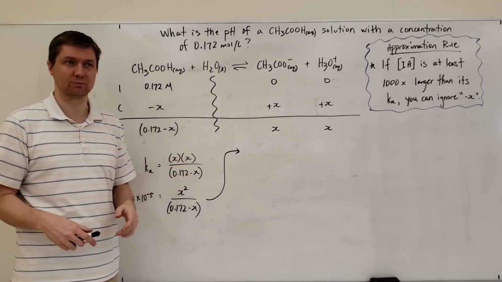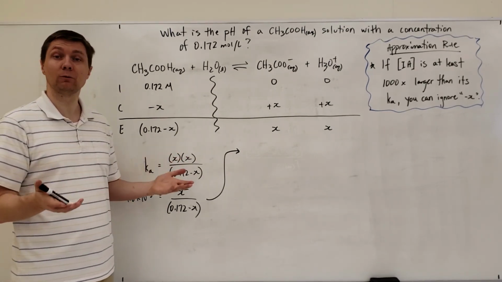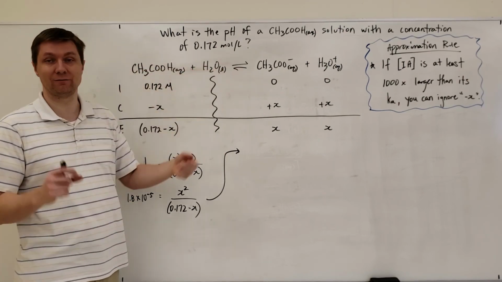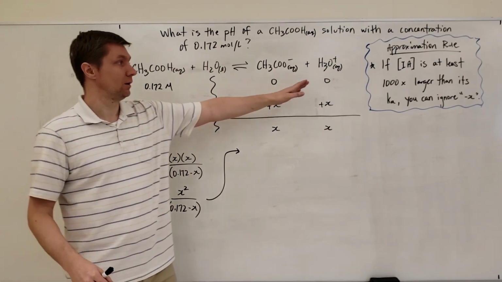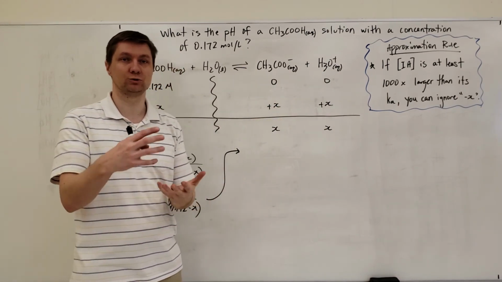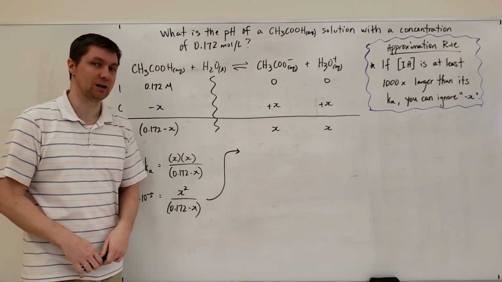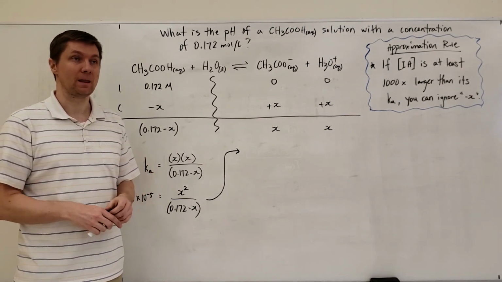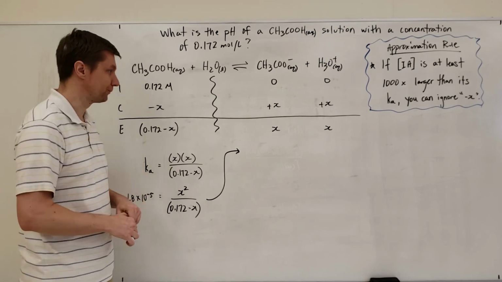It was really, really small. What we would expect is, because this is a weak acid and only ionizing a very small percentage, that the concentration of hydronium here would be a lot smaller, which would then yield a much higher pH. And so we're going to do this calculation, we're going to figure this out, and hopefully that rings true from what we expect.